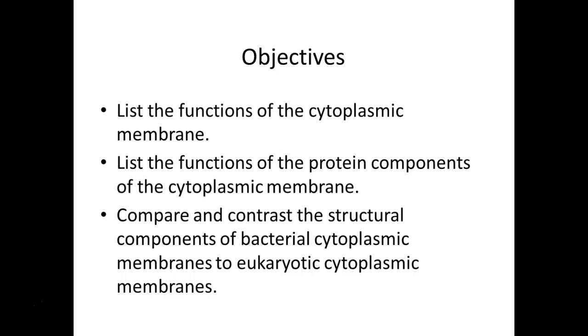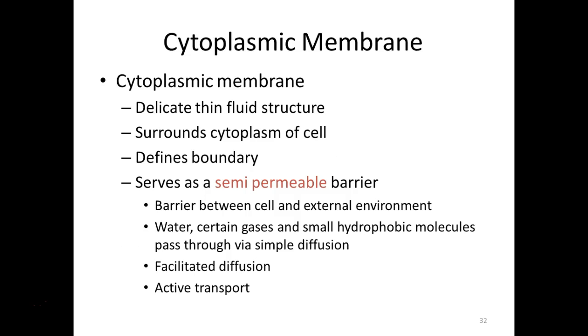We're going to compare bacterial cytoplasmic membranes, again, because that's what we know the most of as far as prokaryotes go, to eukaryotic plasma membranes, right? What are the similarities? What are the differences? And as you can imagine, functionality-wise, they're very similar. They're made up of phospholipids.